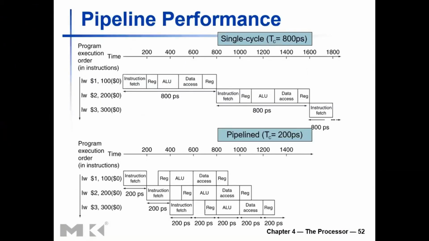where everything happens inside one clock cycle, we have divided our data path into multiple segments: instruction fetch, decode and register file read, ALU, data memory access, read or write, and then writing back to the register. So 5 different stages.